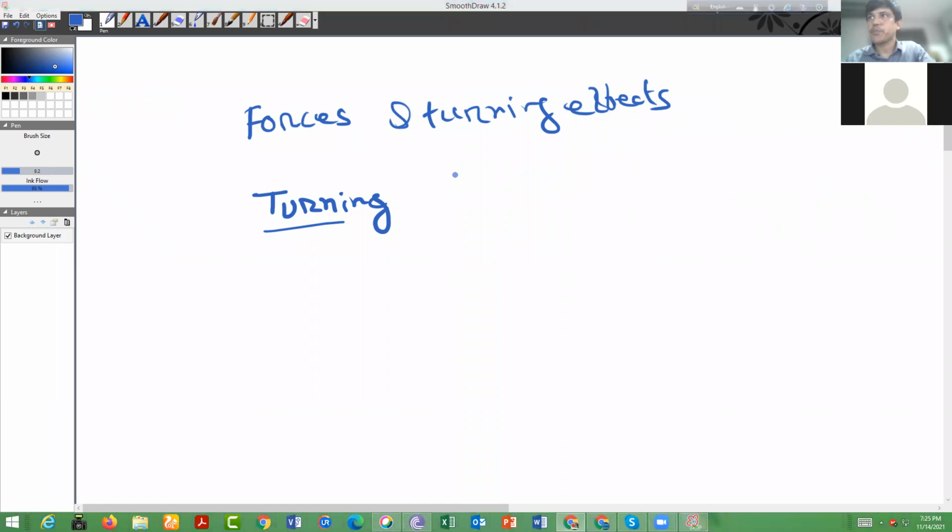So a force may cause an object to turn about a pivot. You know the meaning of pivot?